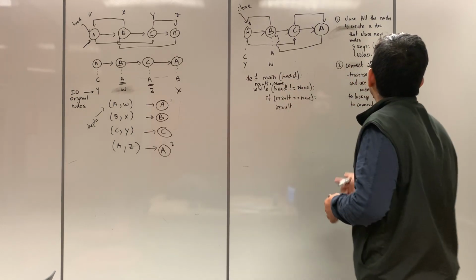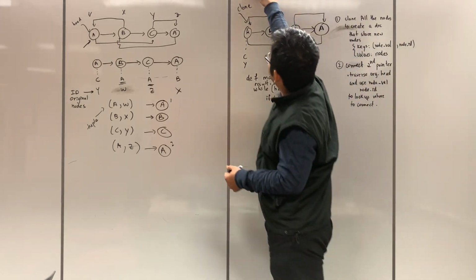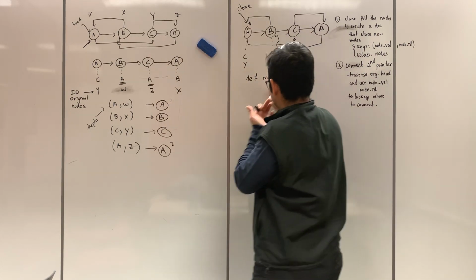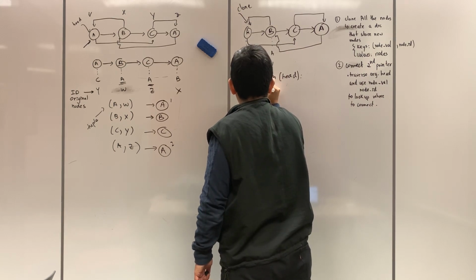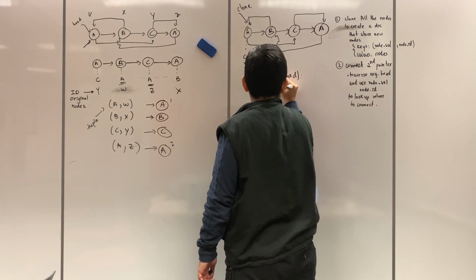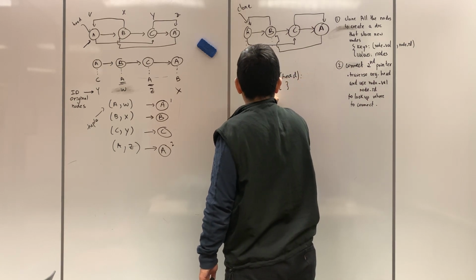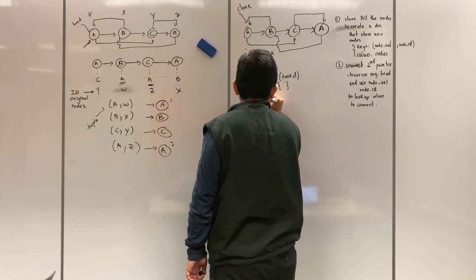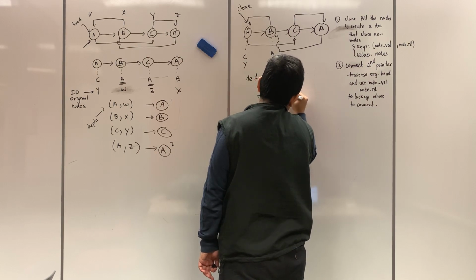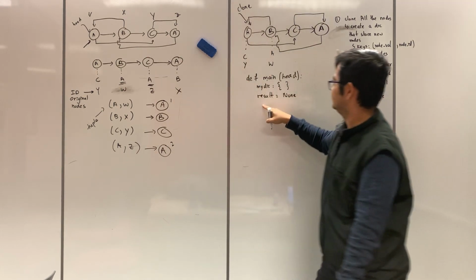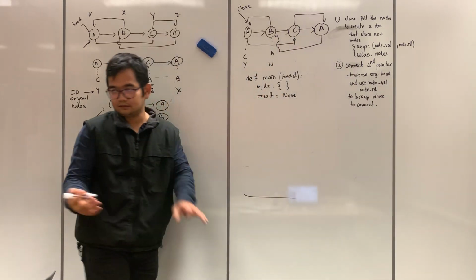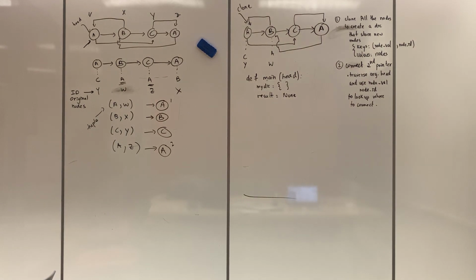Oh, we need to create a dictionary as well. Let's fix this one. We need to have, let's call it my dictionary. And let's say result is none. Let me see how far down the camera can go. Oh, it can go all the way down.